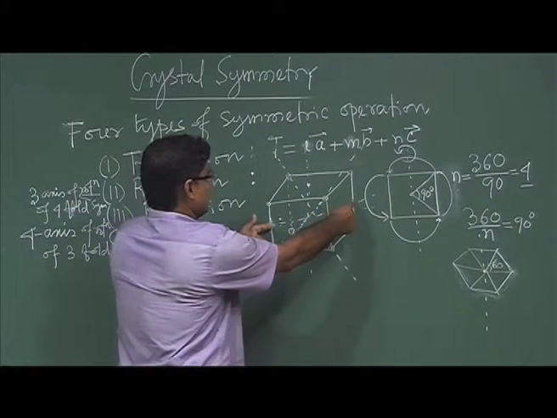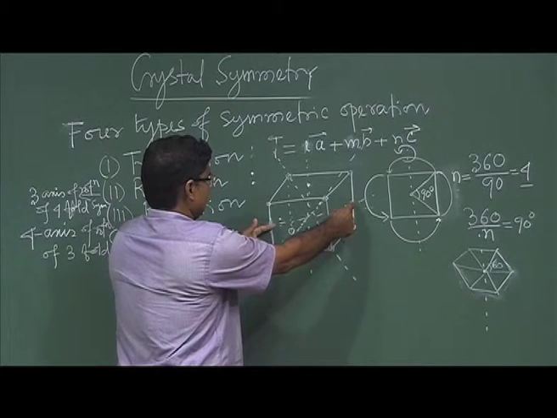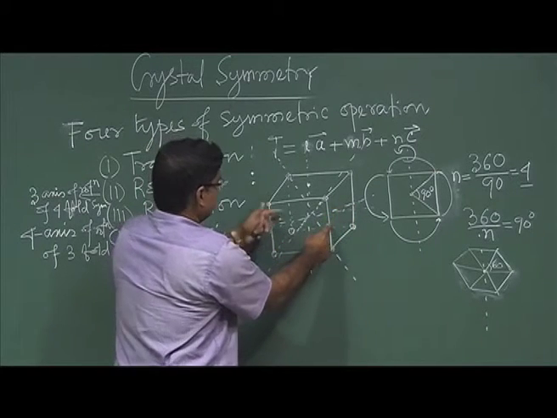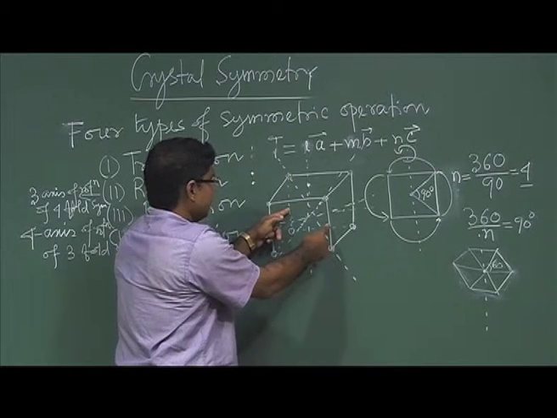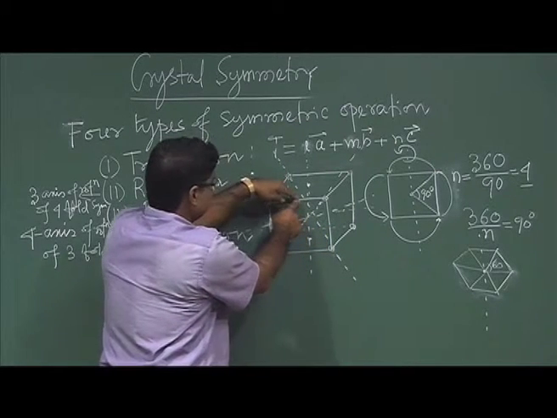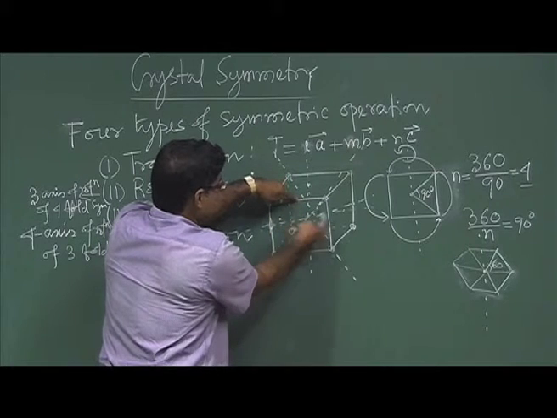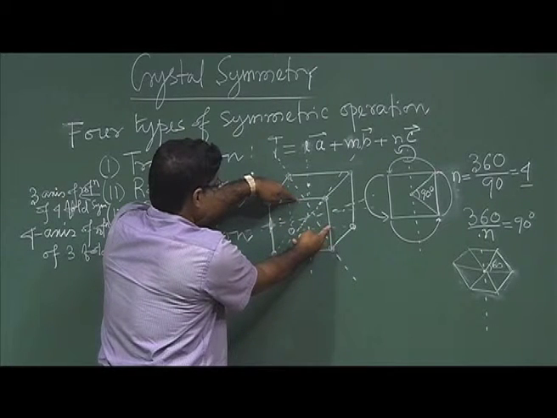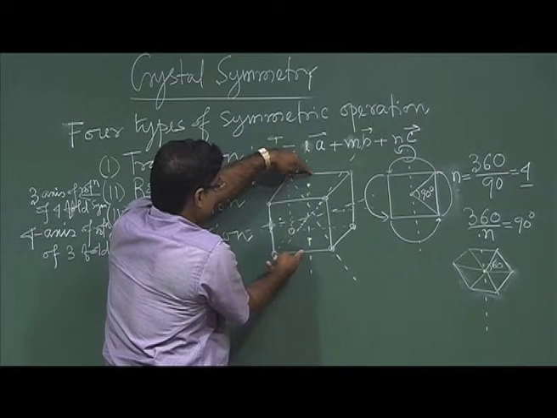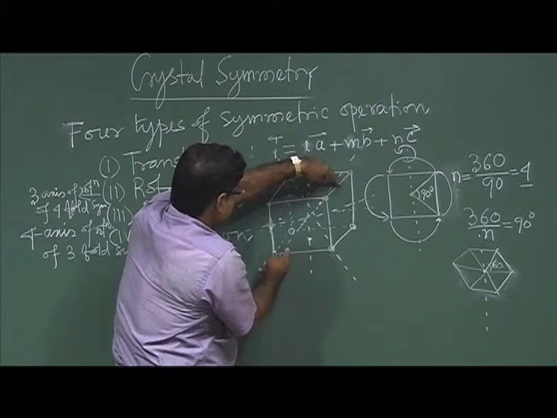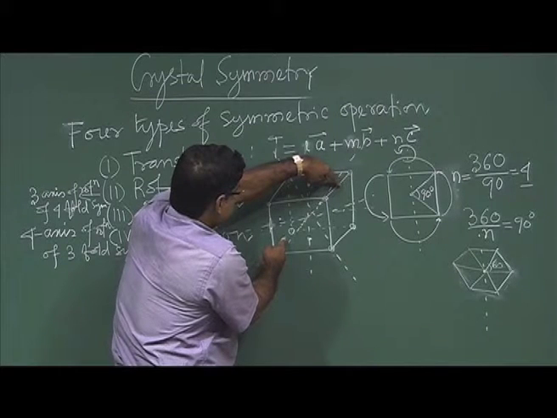So, through these two edges, 1. Through these two edges, 2. And through these two edges, this and opposite this one, 3. This and opposite this one, 4. This and opposite this one, I think this one, 5.